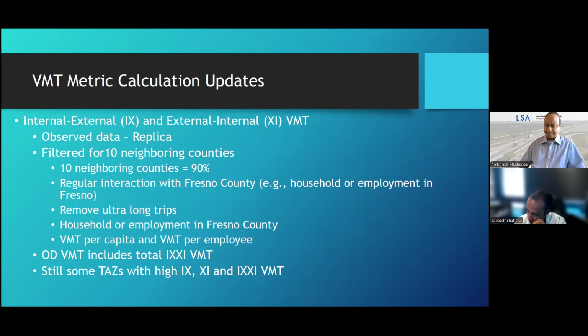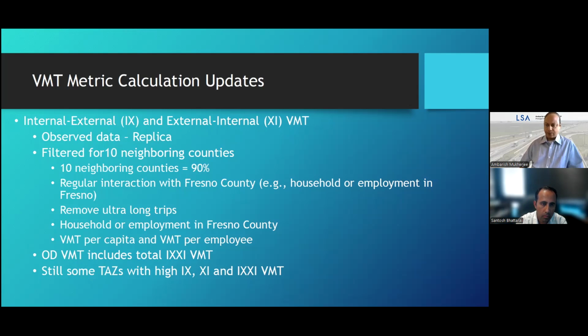And we did all of this. One thing I just want to note is that this would affect only VMT per capita and VMT per employee. As Amrish mentioned, one of the additional metrics that we have included in the new guidelines is OD VMT per service population.